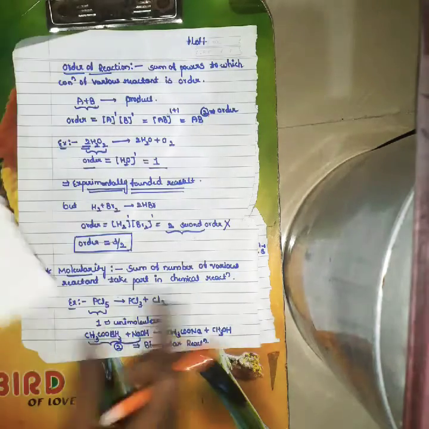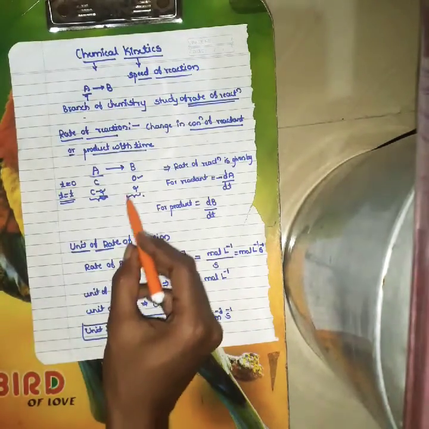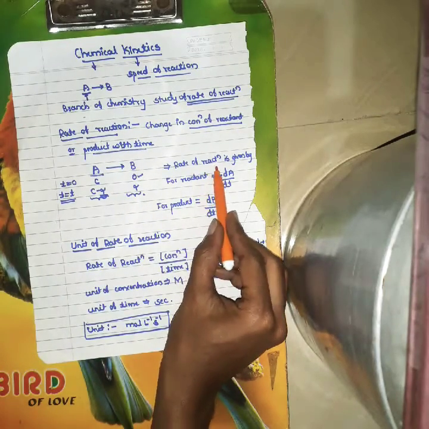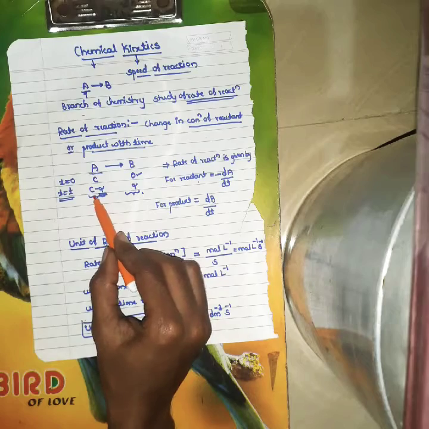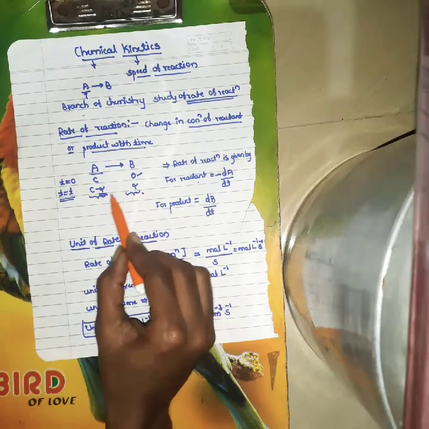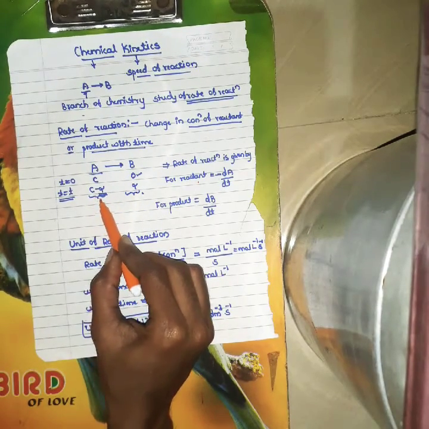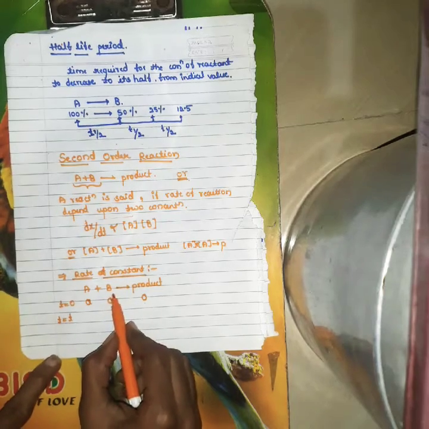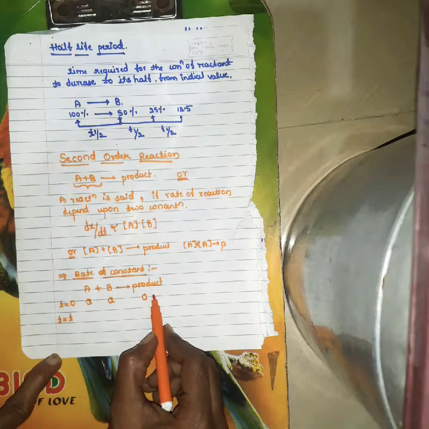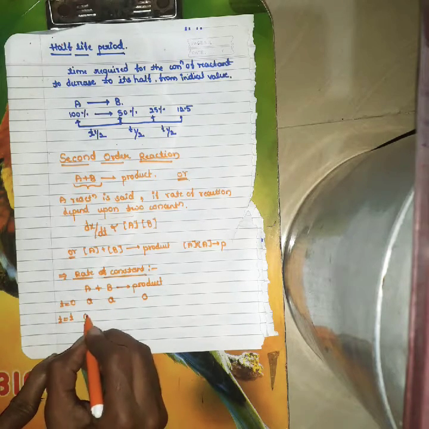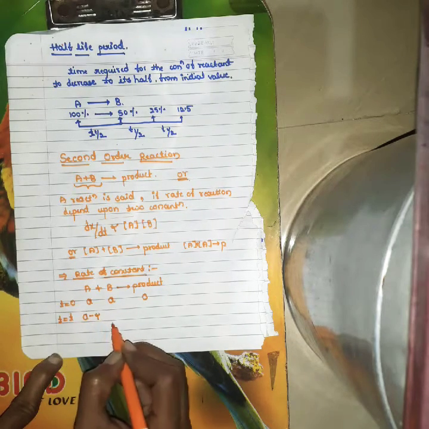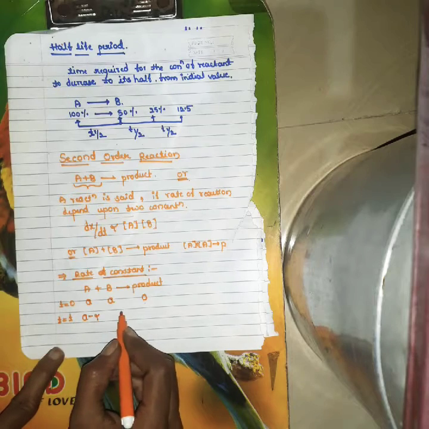See here what happened. At time t there is formation of product, therefore the concentration of reactant decreases. The concentrations of A and B decrease, and the concentration of product increases. How will it decrease? It decreases by a minus x.